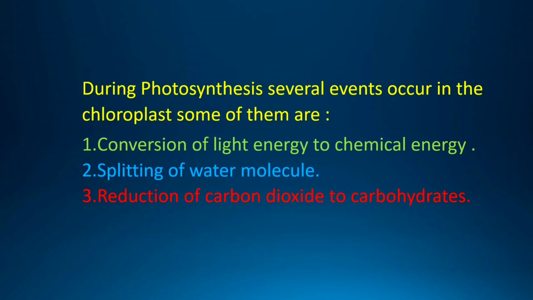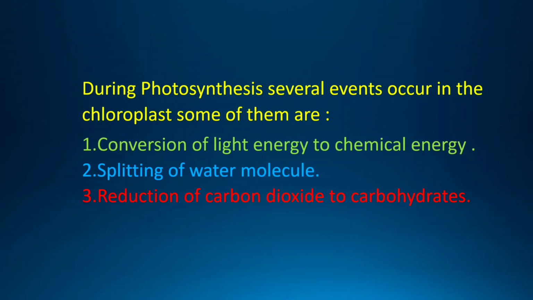During photosynthesis, several events take place in the chloroplast. First, conversion of light energy to chemical energy: light energy is trapped by chlorophyll molecules present in the chloroplast and then converted into chemical energy.